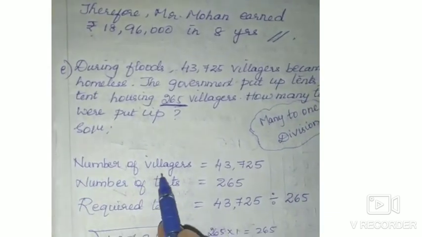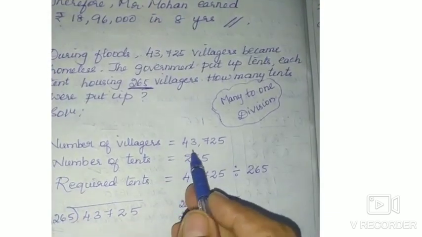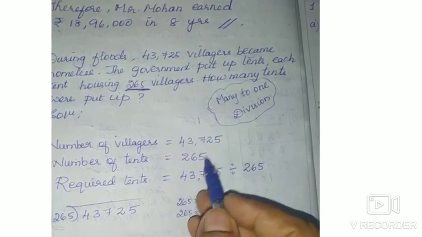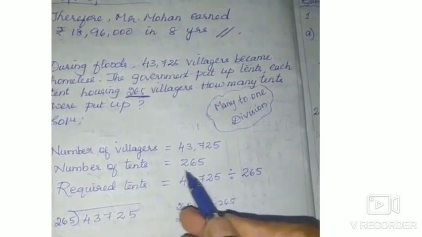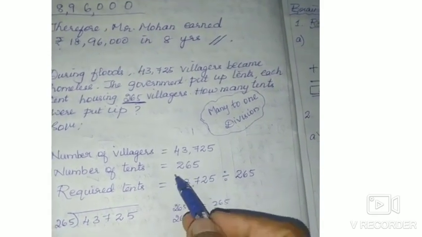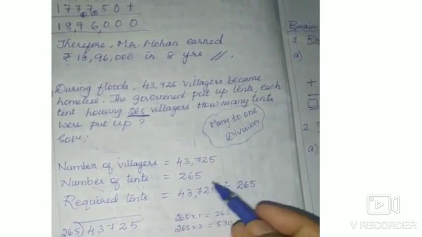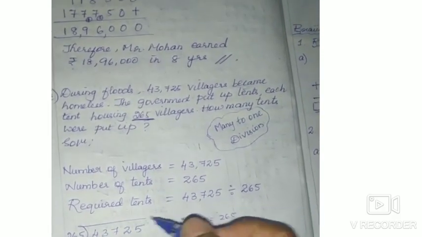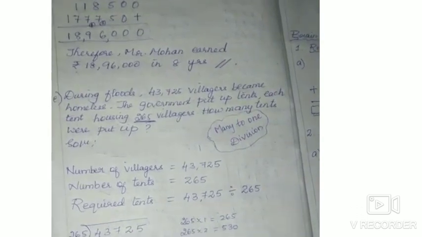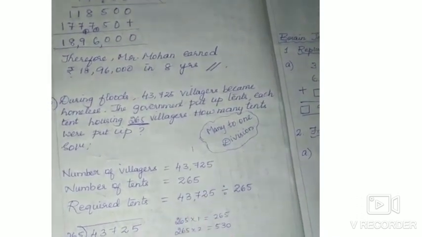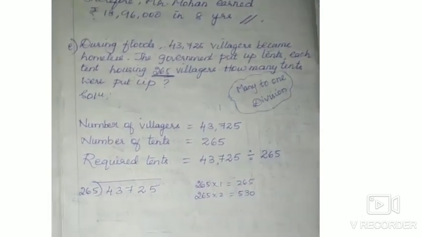Number of villagers is 43,725, and each tent holds 265. Now you have to find the required tents to house these many villagers, so we have to divide this number.